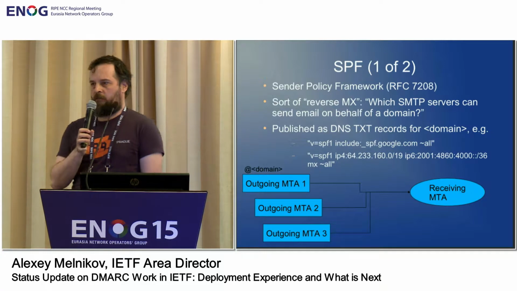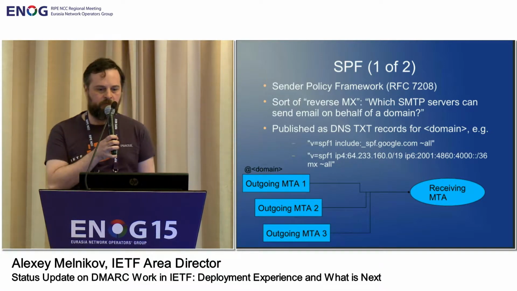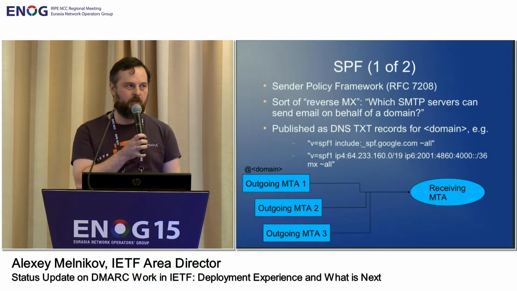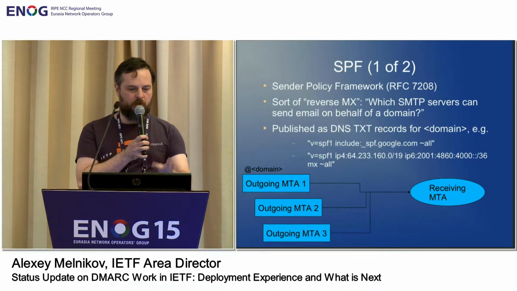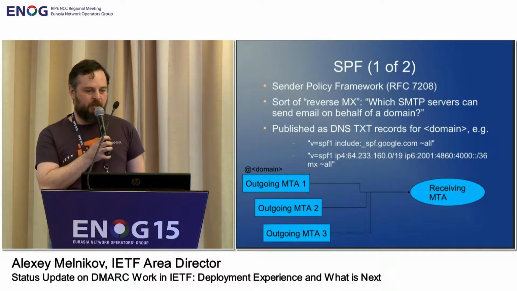So, very quickly, a couple of slides on how SPF works. Basically, it describes which SMTP servers can send mail on behalf of a domain. On the left side, you have a domain like example.com, and you have potentially three MTAs listed, MTA1, MTA2, MTA3.